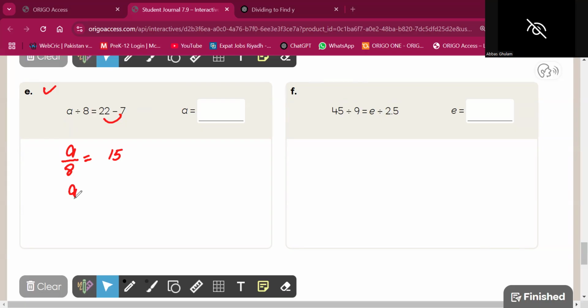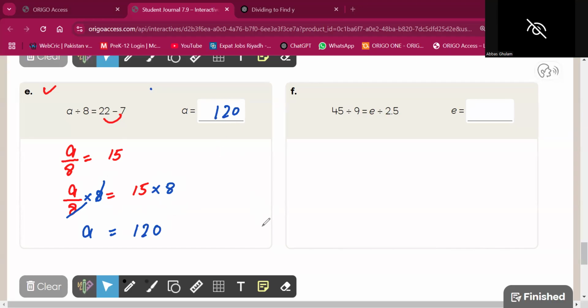I again write here A out of 8 equals 15. This is divide. So the inverse of divide is what? Multiplied. The same number multiplied here, and the other side also multiplied by 8. I cross it with the 8. What is left here? A. So A is equal to, if we multiply them, it gives me 120. So A is equal to 120.